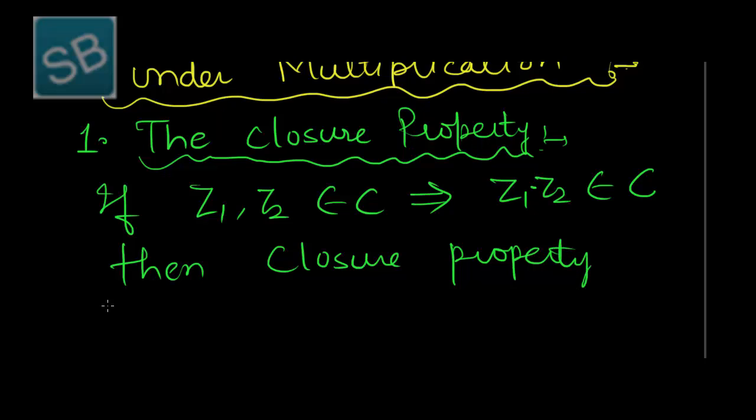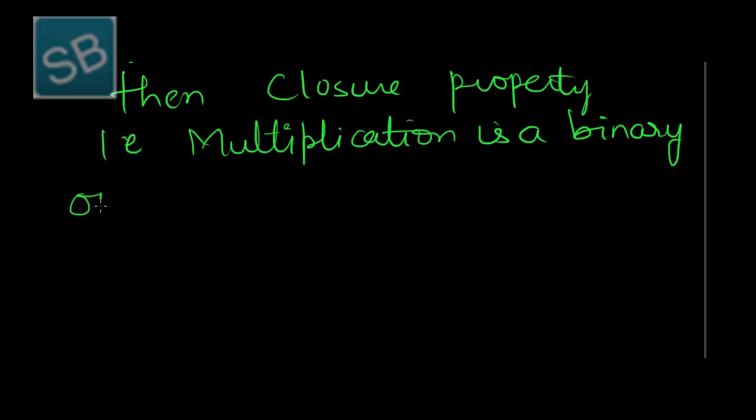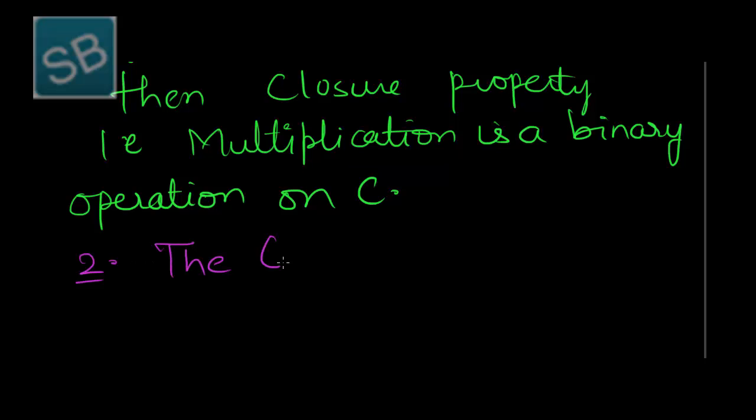That is, we can say that multiplication is a binary operation on complex numbers.